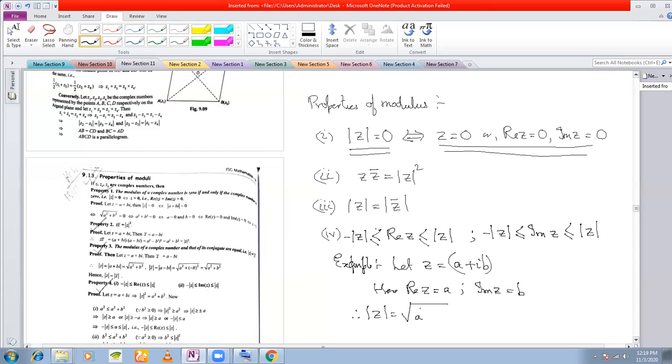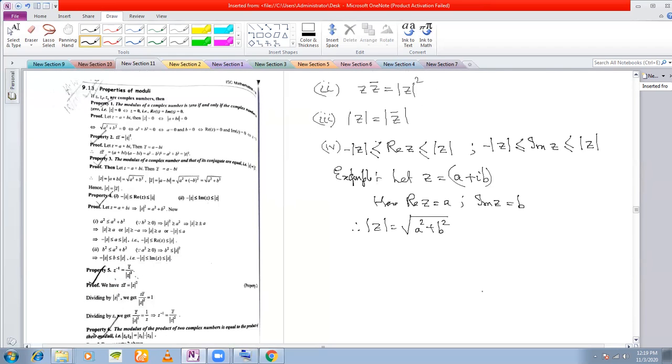Root over a square plus b square. So what it means is that a will always lie between minus root a square plus b square and plus root a square plus b square. Similarly, the imaginary part will always lie between the same limits. This is what it means.